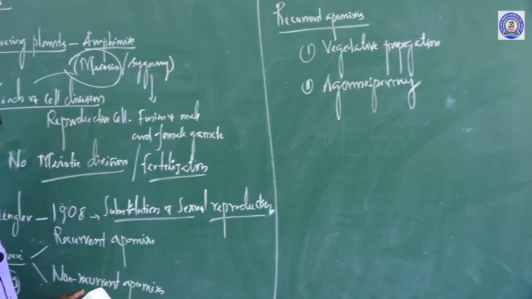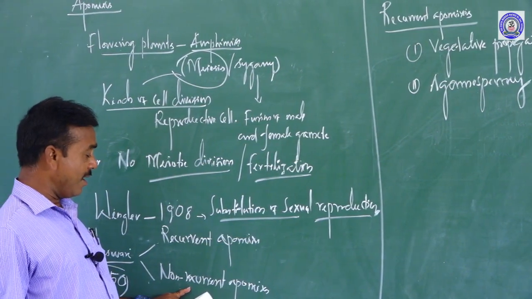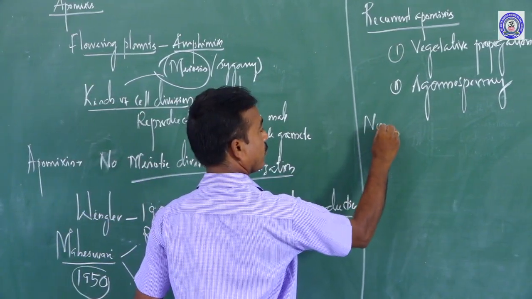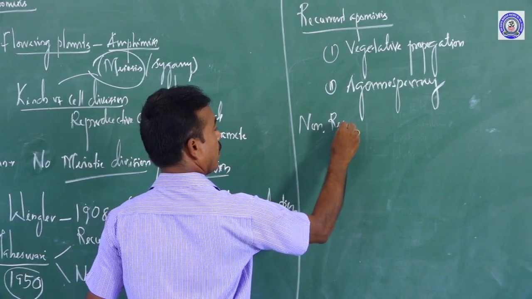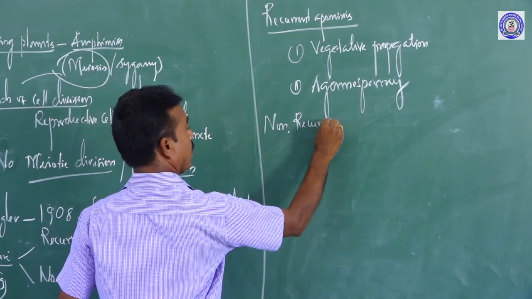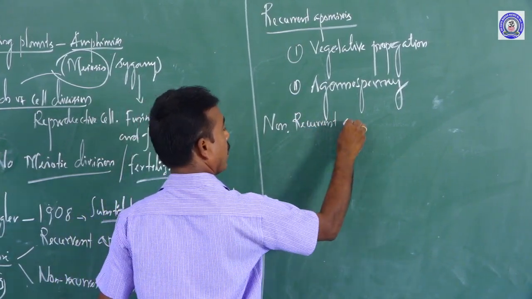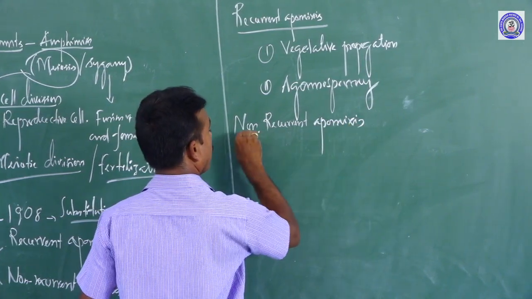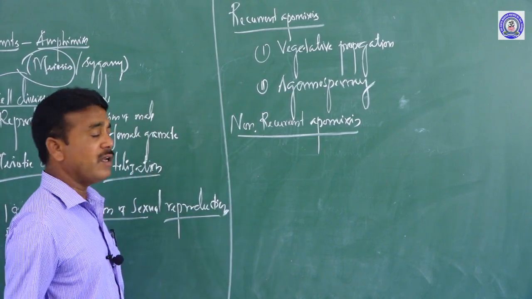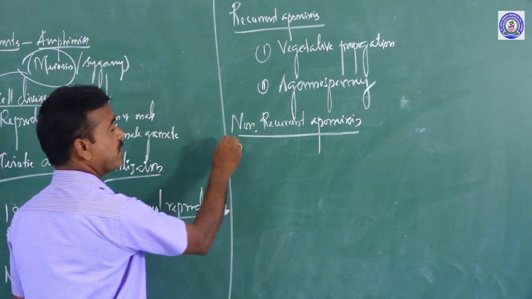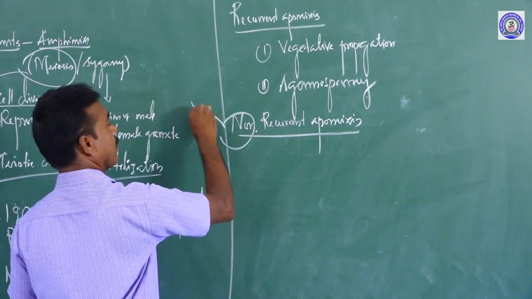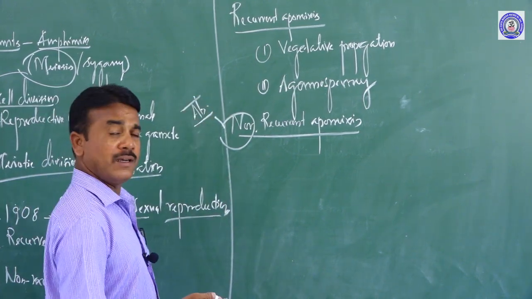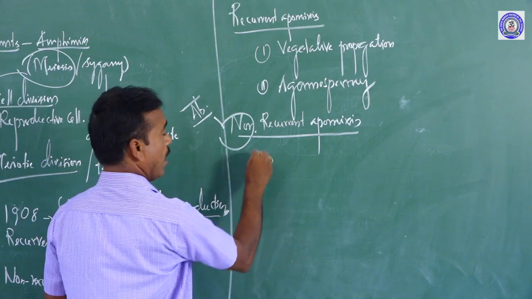What is commonly called non-recurrent apomixis? What is the meaning of non? It means absence. So what is absent here?